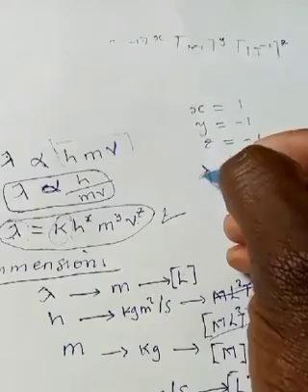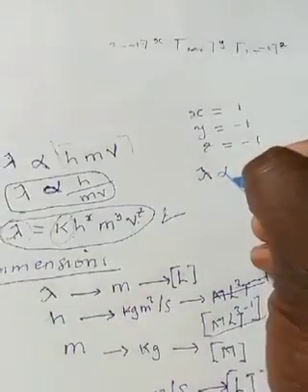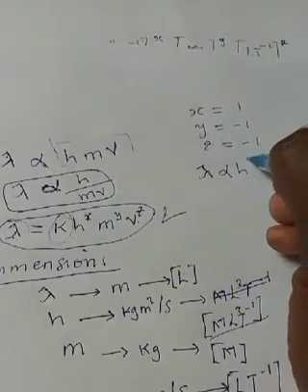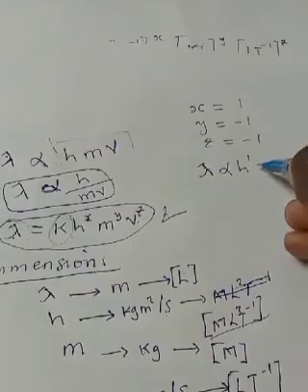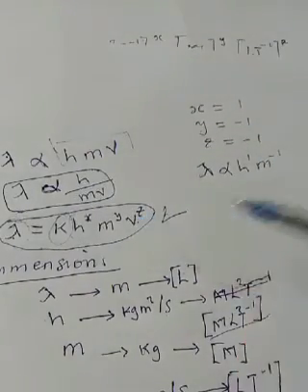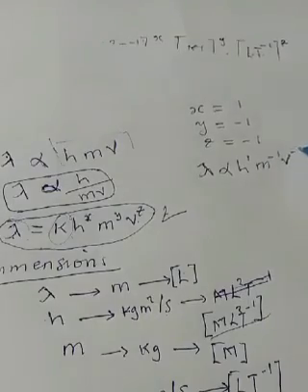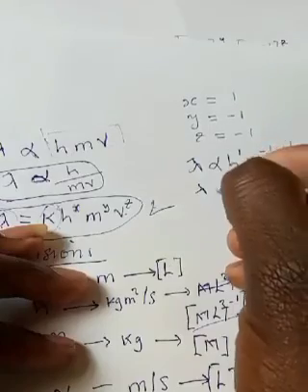You say wavelength, which is lambda, has to be directly proportional to h to the power 1, which is the part of x. And you say m to the power negative 1. Then you proceed to v to the power negative 1. So definitely you're going to write it like this now, directly proportional.